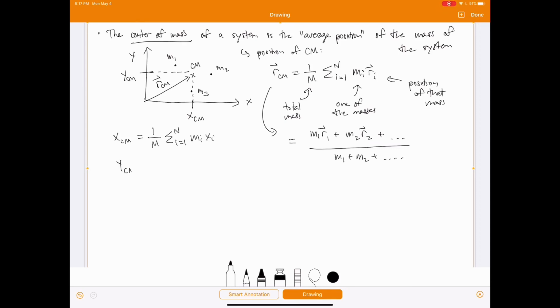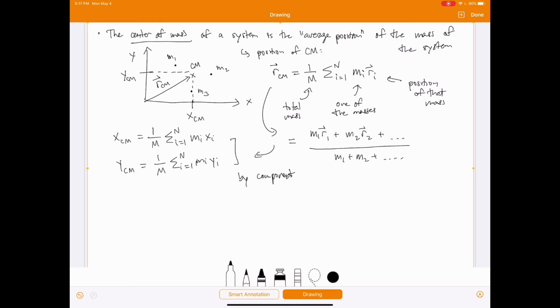In the same way, if I wanted the y-coordinate of the center of mass, it would be 1 over the total mass times the sum i equals 1 to n of m_i y_i. So that's typically how we actually use this, is we go by component, look at x and y separately, and that's how it works.